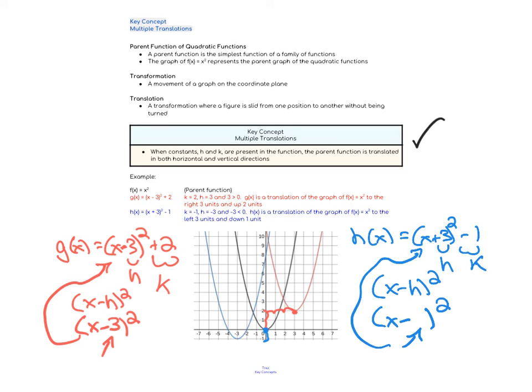Well, subtracting a negative is the same thing as adding a positive, so it's minus negative 3. And it's good to see it as not just plus 3, but minus negative 3. Because subtracting a negative, same thing as adding a positive. And if we were just to take a look at the graph, this again would move 1, 2, 3 spaces to the left because this is really negative 3.